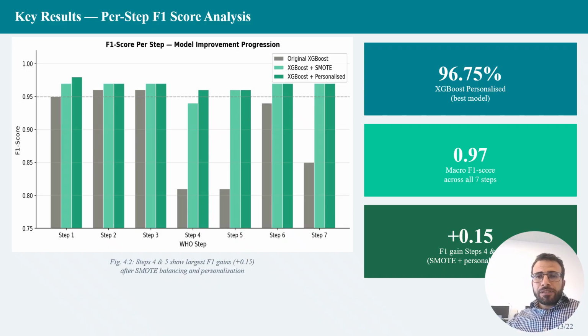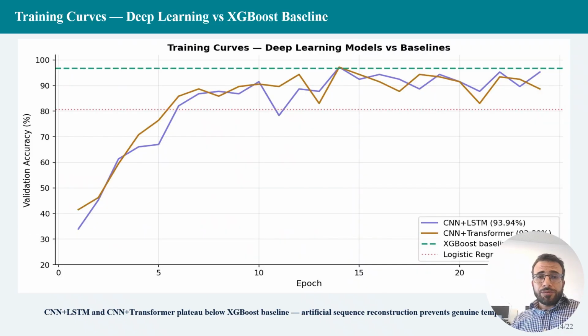Here we can see how our technique gets a high result. With XGBoost we reach 96.75%, around 97%, better than the other models.